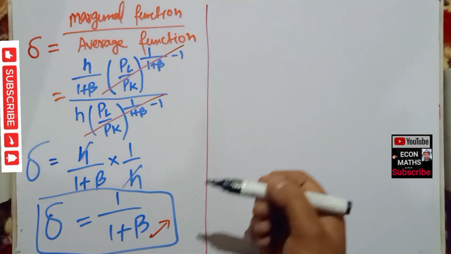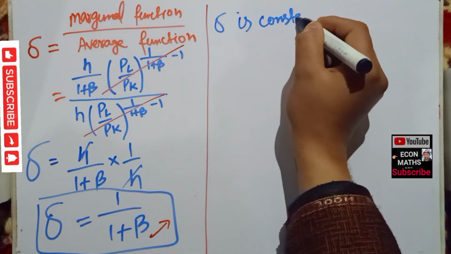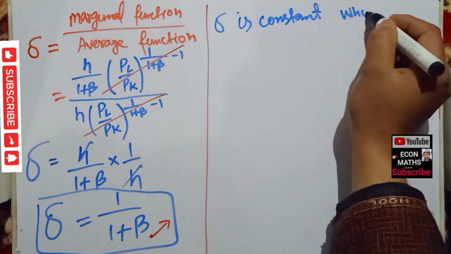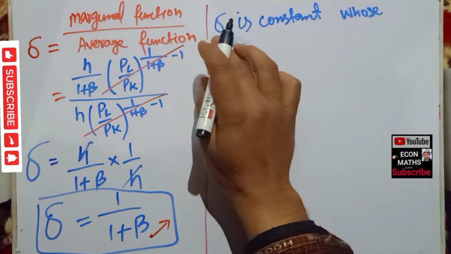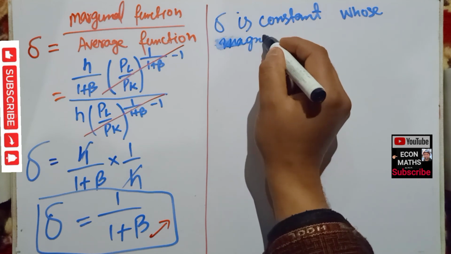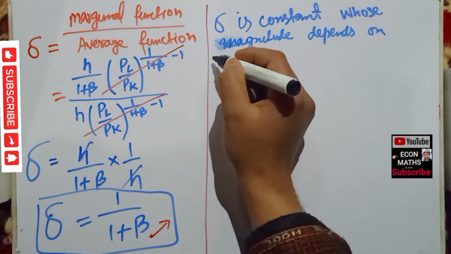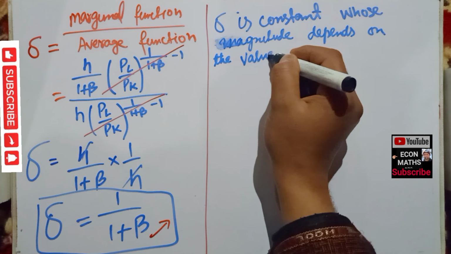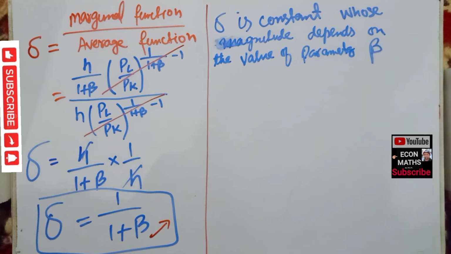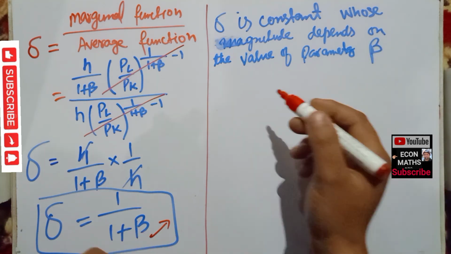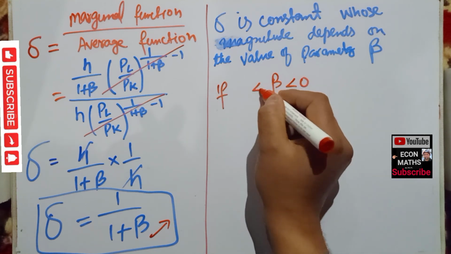So I will write here, this elasticity of substitution is constant whose value or whose magnitude depends on the value of parameter beta.